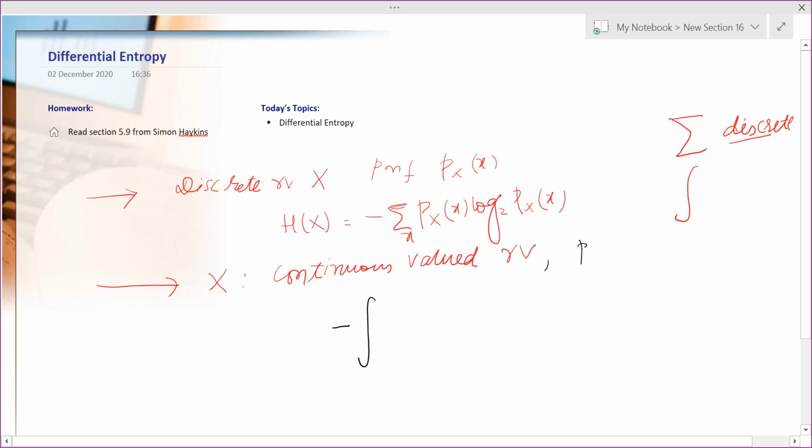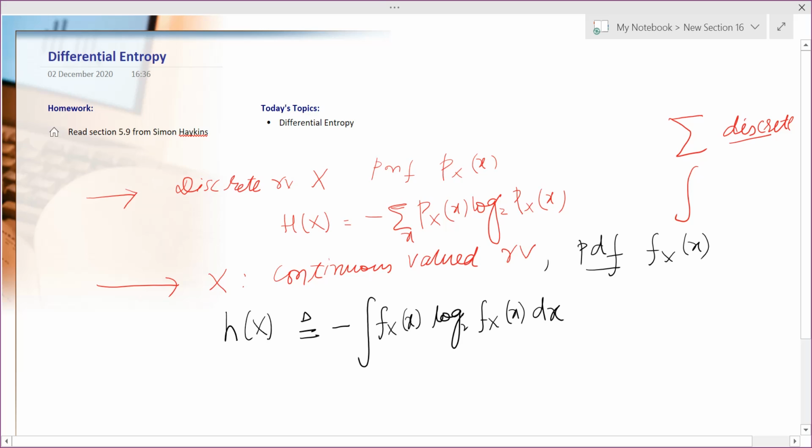It has probability density function fx of x. So instead of px of x, we will write fx of x. Rest will be same, log to the base 2 fx of x. Now here will be dx. Now this entropy is denoted by small h of x, and this is given a name, differential entropy.